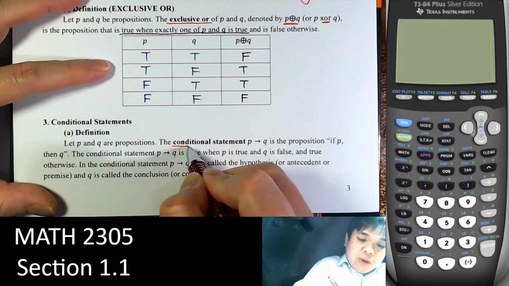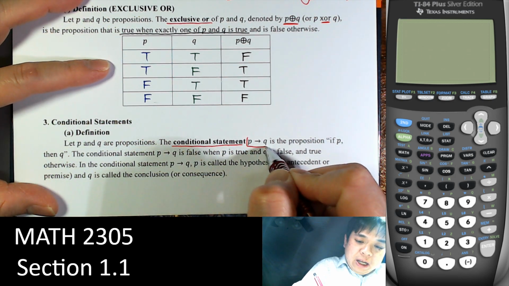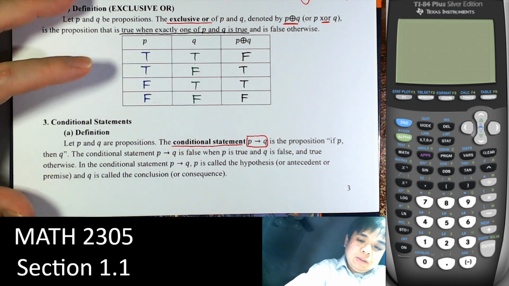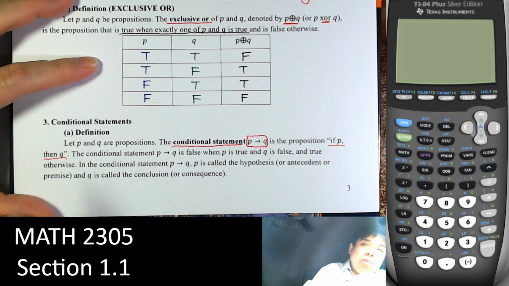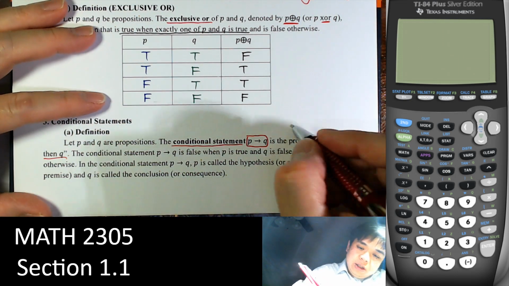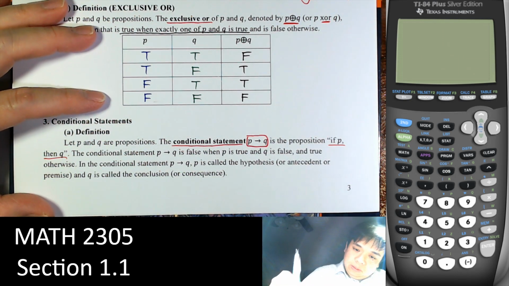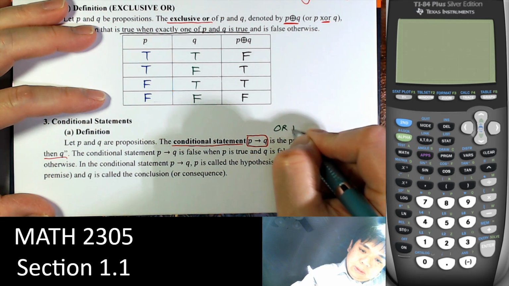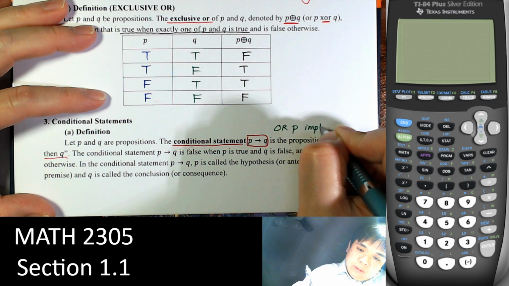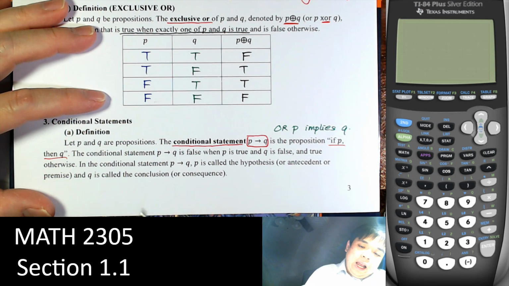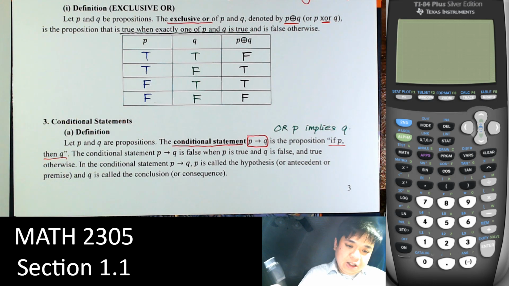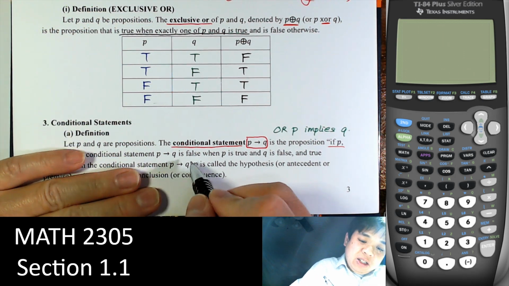So it's a conditional statement. And we say if P then Q, or P implies Q. And it is false when P is true and Q is false. That is a little less obvious.